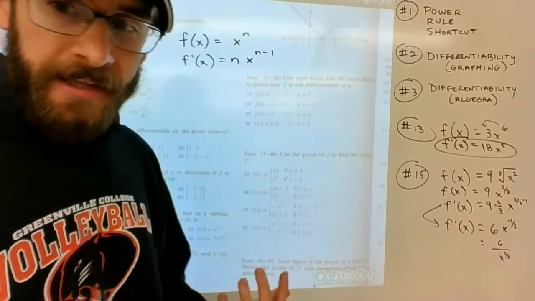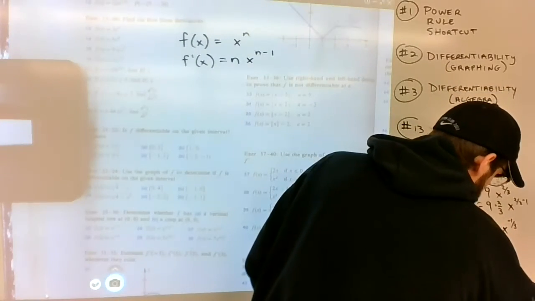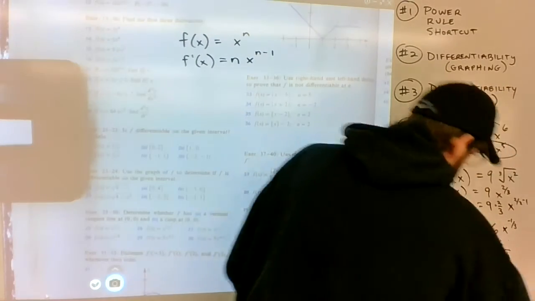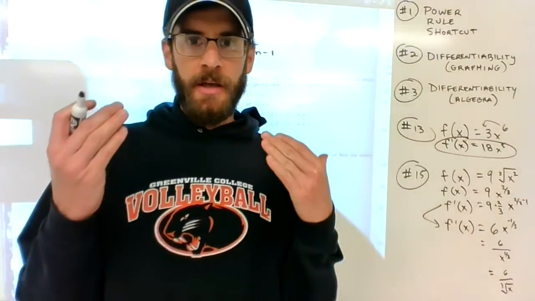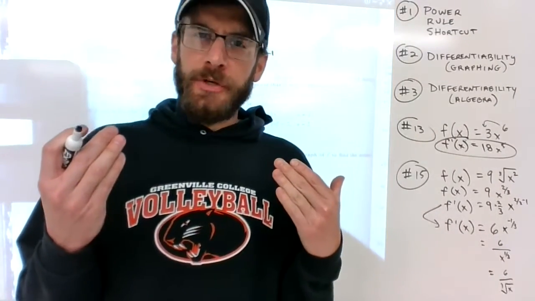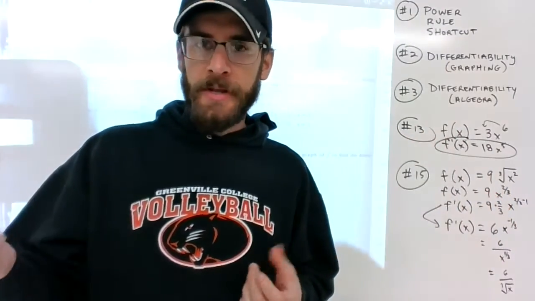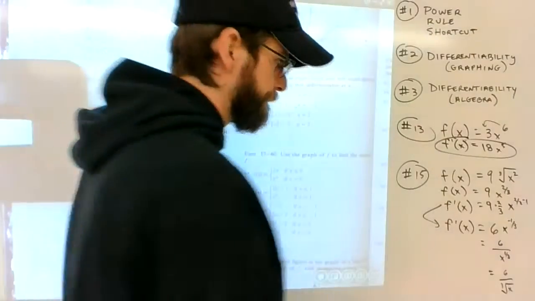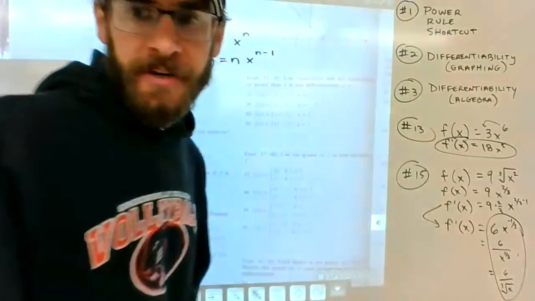And keep in mind that that's the same thing as 6 divided by the cube root of x. So we constantly have this, it's almost like speaking 2 different languages. If it's a root, I know what it is as an exponent and vice versa. So all 3 of these are the same derivative.